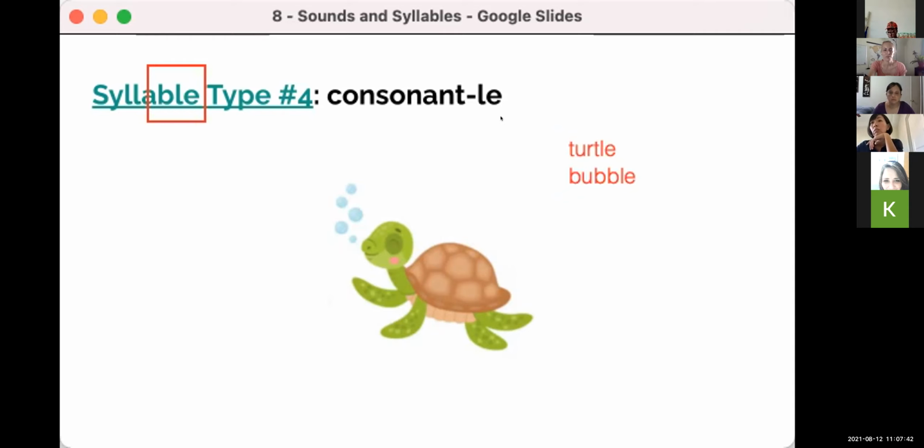So we're going to open this document here. I'll put it in the chat for those of you who don't have it printed. I'm going to share my other screen.